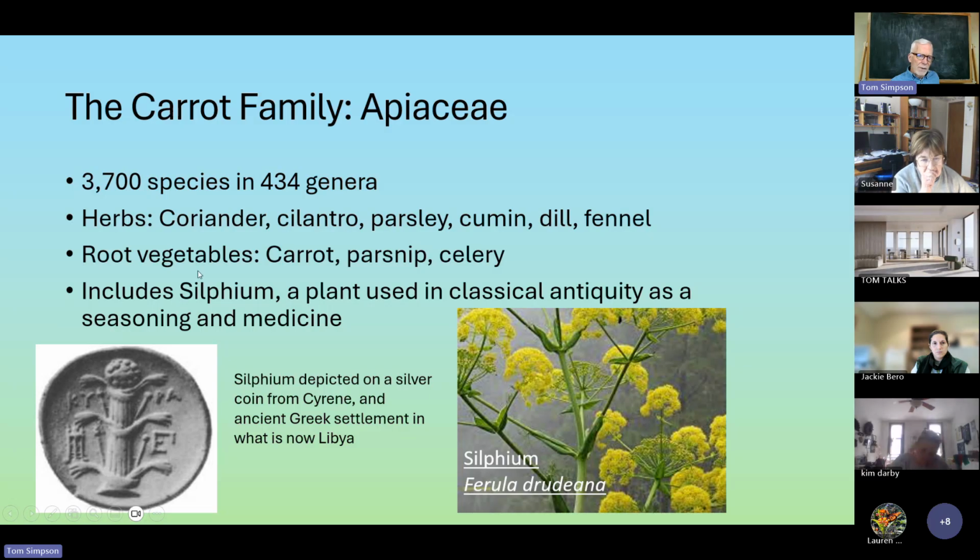Now, that word today we use as a genus in the composite family, but the ancient Greeks used that word to refer to a special plant in the carrot family that was used for herbal and medicinal purposes. And it was thought to be extinct, but recently a Turkish botanist, they think, has rediscovered that plant that was at the time of the ancient Greeks called Silphium.